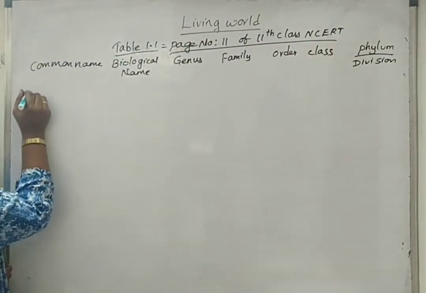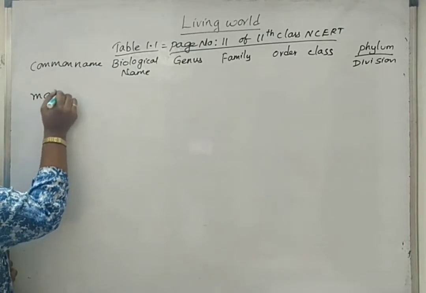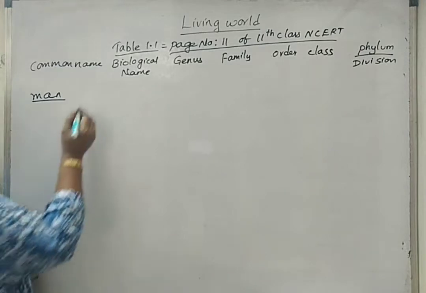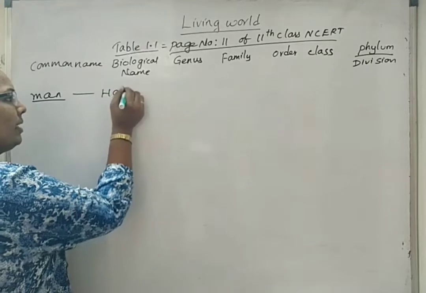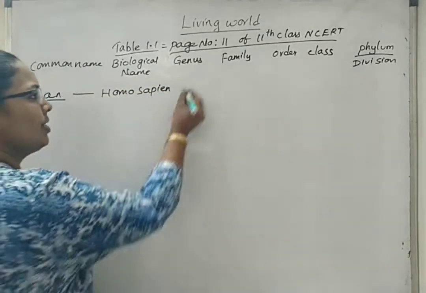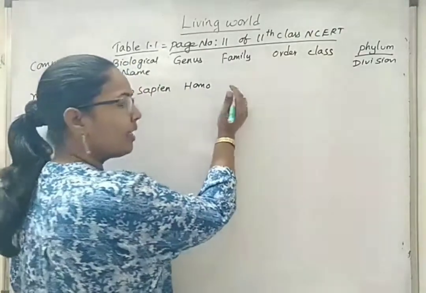They have given a few examples. If the common name of an organism is man, then what will be its scientific or biological name? We know that it is Homo sapiens. So genus is Homo, family name is Hominidae.